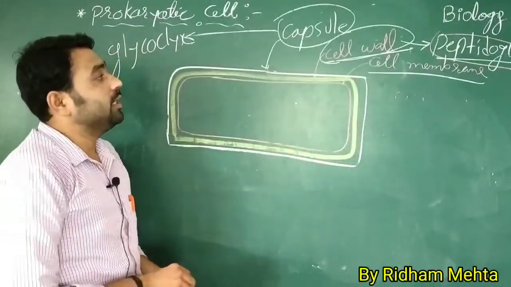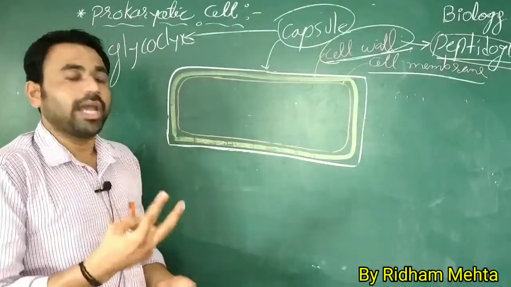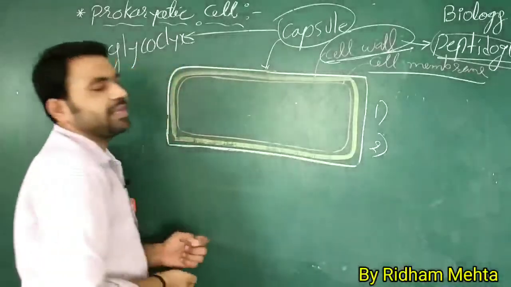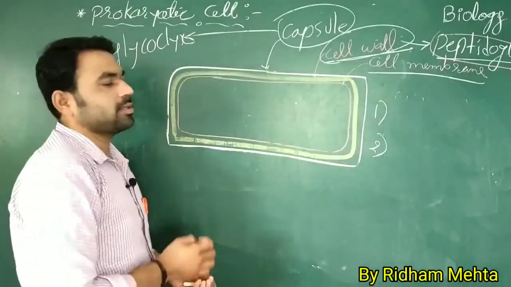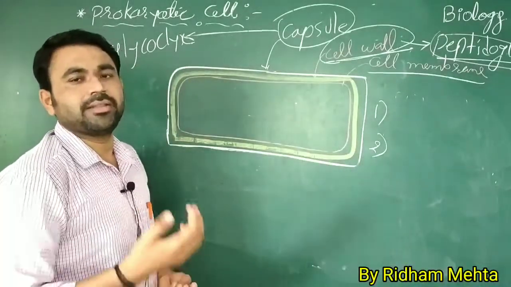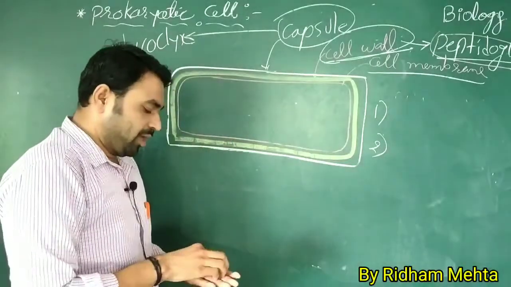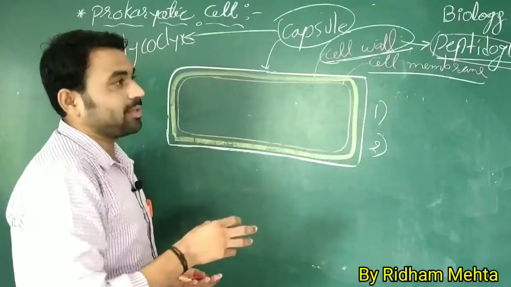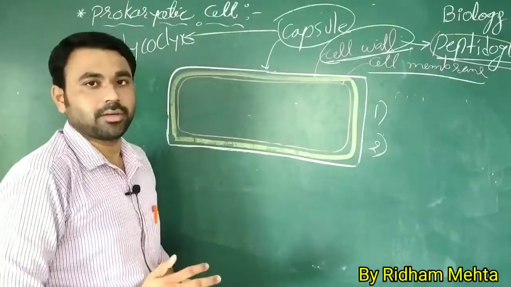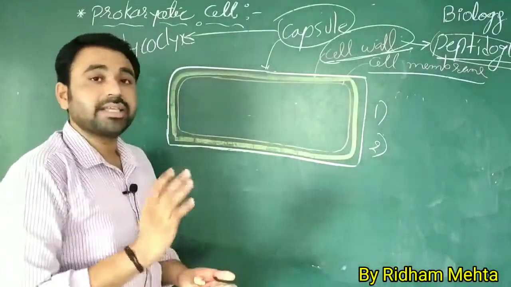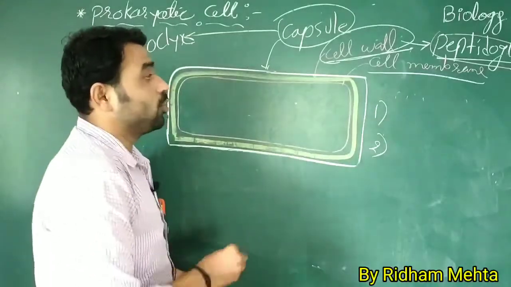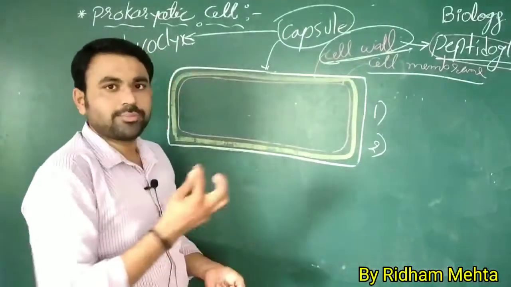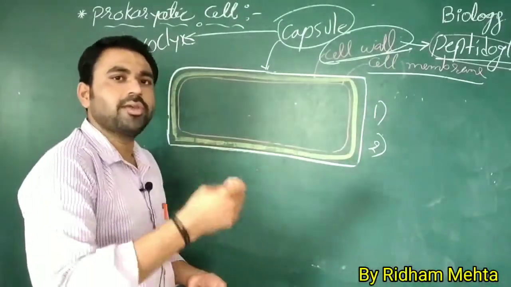According to the cell wall, bacteria have two types. If you want to see the bacteria under the microscope, the cell wall will be stained by different stains. The staining method is called the Gram staining method. The stain is the Gram stain. If you stain the bacteria with the Gram stain and the cell wall absorbs this stain, it will give a color.